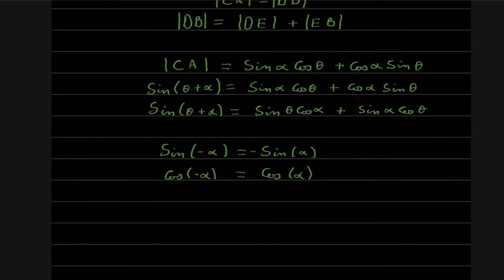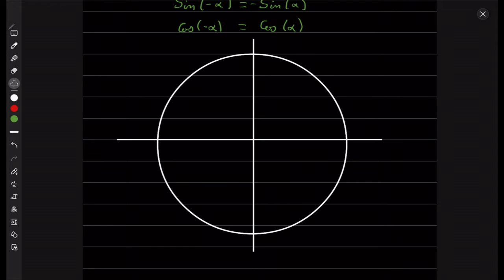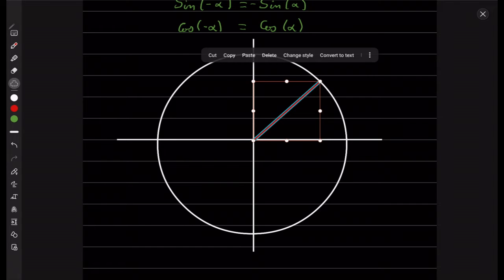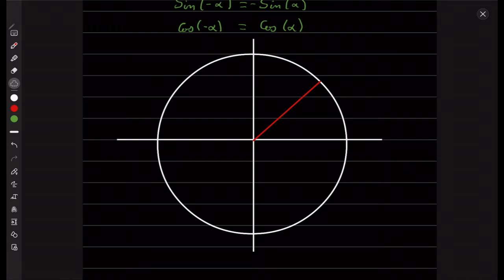Maybe I could show why quickly. A unit circle over here. So let me draw a line from here to here, make it a bit longer. There should be your unit circle, and this line has length 1.